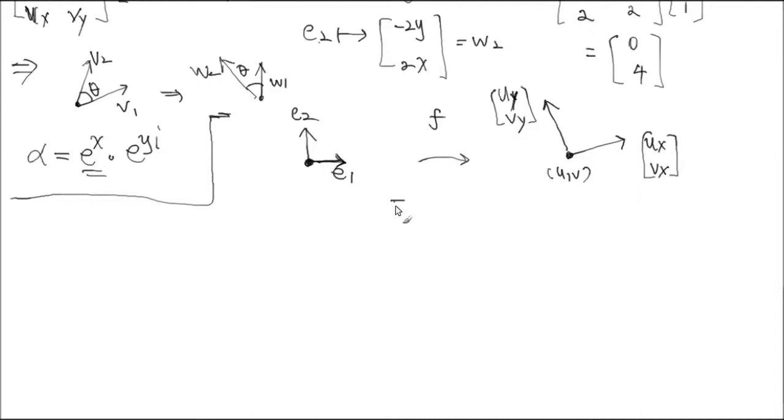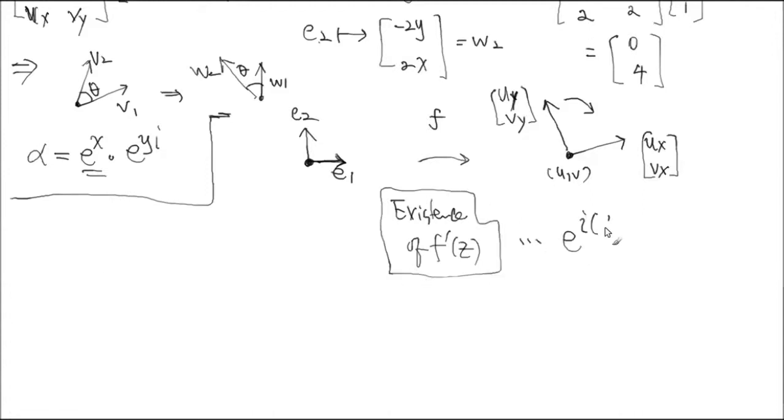Now, existence of f prime. How do we interpret existence of f prime of z? Now you calculate this one, and then you're clocking backward by how much of the angle? That was the magnitude and the direction part. If you look at the formula of this one, there is this factor of e to the i alpha minus beta, right? Anybody remember what this beta is coming from? Beta is the angle of this one compared to that.